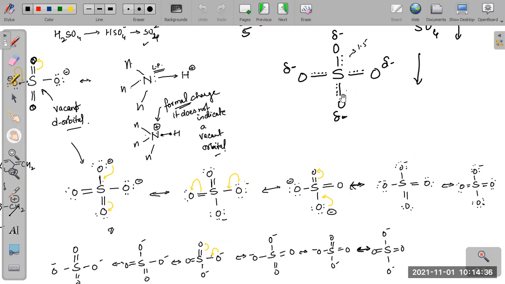All the bond orders are going to be 1.5, and all the oxygen atoms are going to have a partial negative charge. That is, negative charge is being delocalized over all the centers. Is that okay? So kindly draw it.